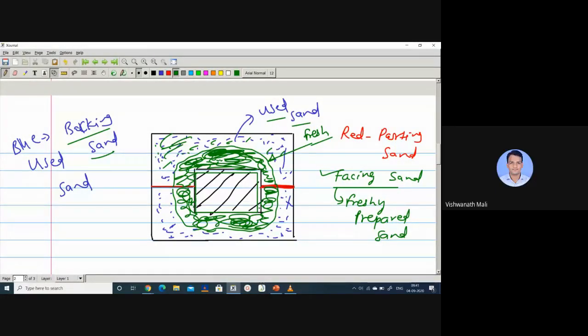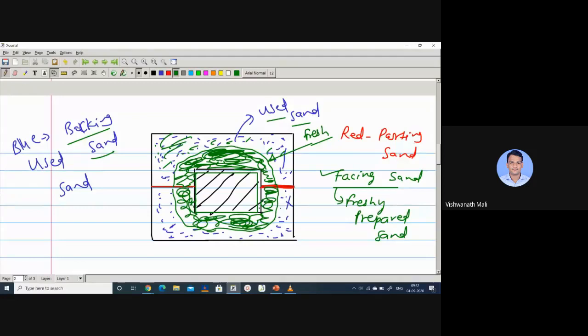Yes. Depending on where it is used, we call it facing, backing, or this. But green and loam sand are used in all three places, no? See, this parting sand is different. Parting sand is different. Whatever the fresh sand is, means green sand or loam sand, that is called fresh sand.